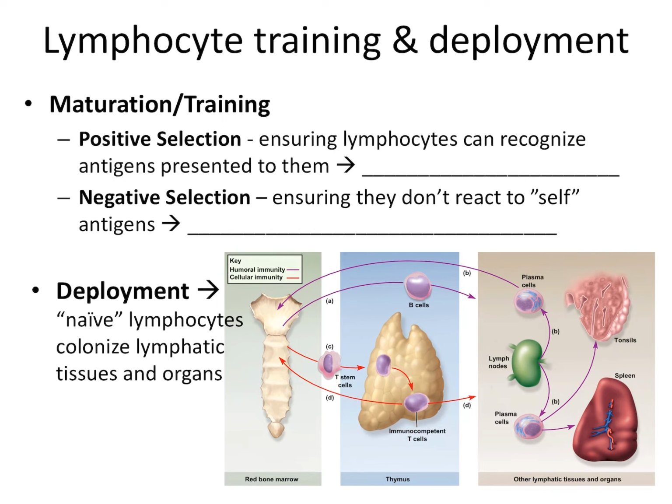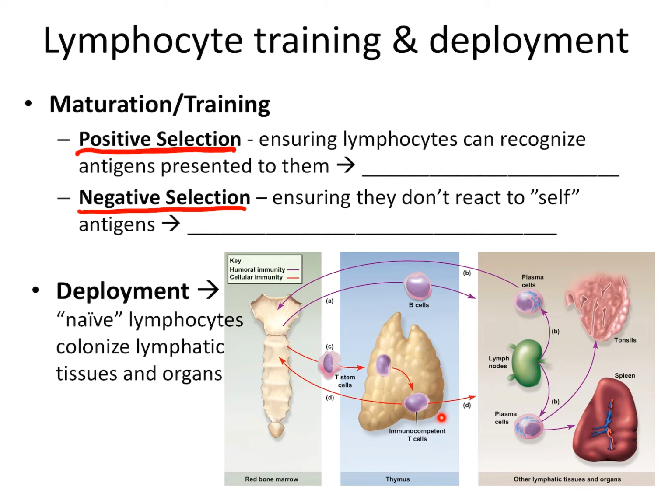Ultimately, only about 2% of all the lymphocytes that are produced are going to pass what's called positive selection and negative selection that occurs during their training process.